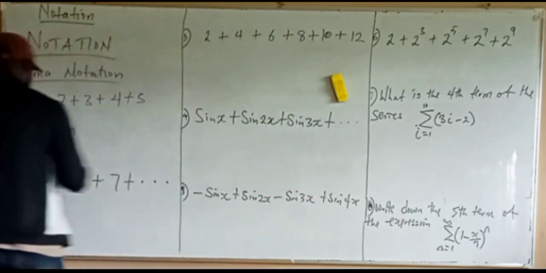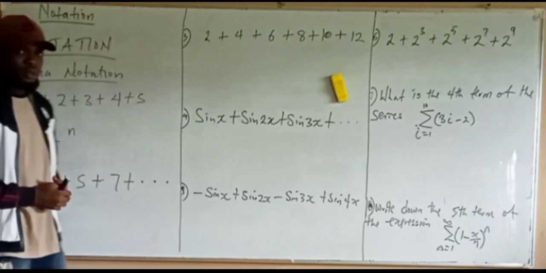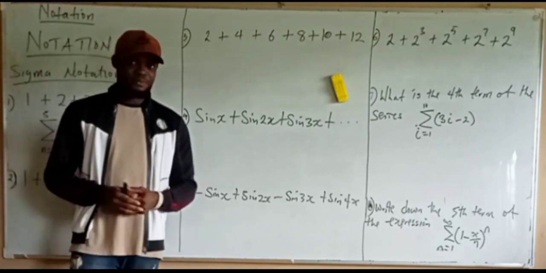So let's look at this first question now. We're having 1 plus 2 plus 3 plus 4 plus 5. Now, we have what we call integers in mathematics. Integers are just whole numbers that can either be positive or negative.